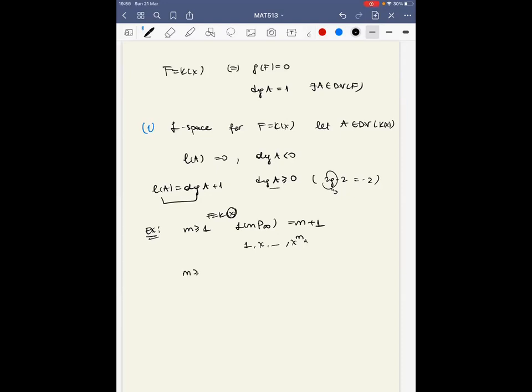And similarly, for any degree n divisor, which is determined by the zero of x, in this case, again it is of dimension n plus 1. And in this case, we can observe that these elements form a basis for this L space.